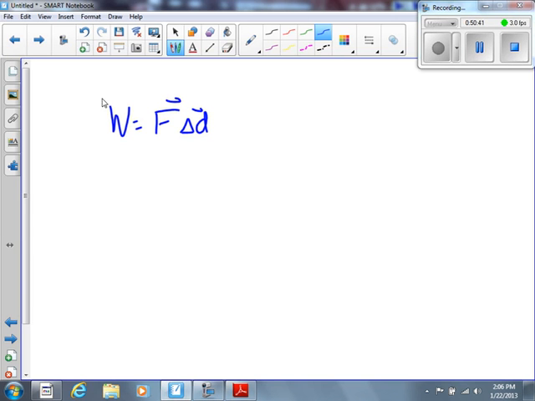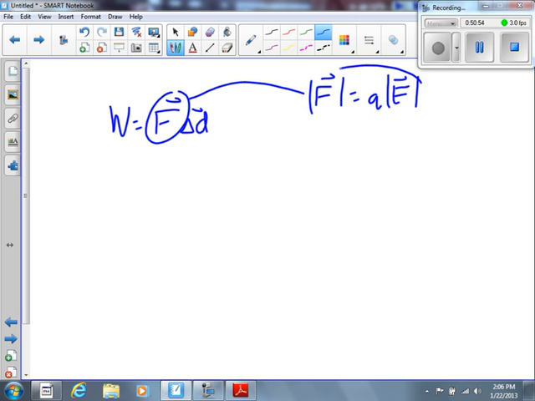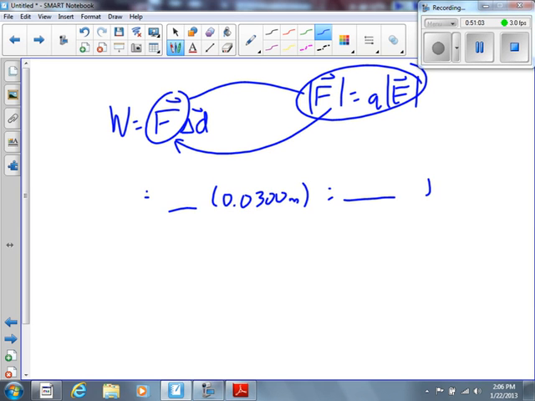The electric force is going to be Q times E. It comes from my equation, E is equal to F over Q. Let's get the force, plug it in here, and multiply it by 0.0300 meters. And we got the work. It works out to be 1.92 times 10 to the negative 17. And the answer is joules.